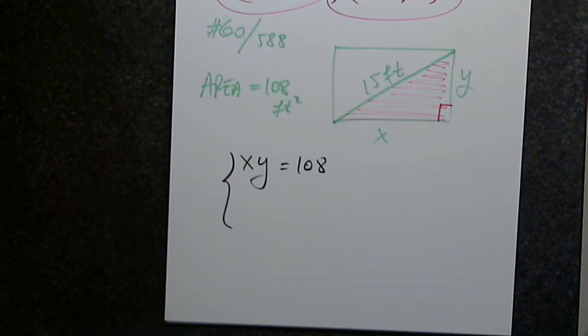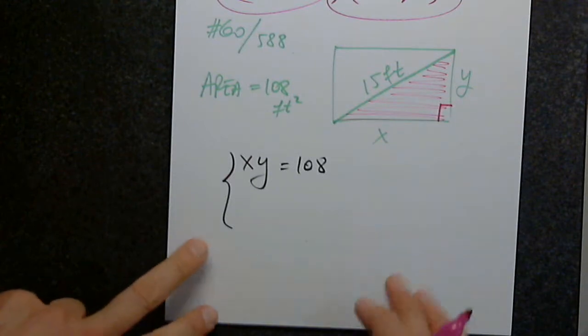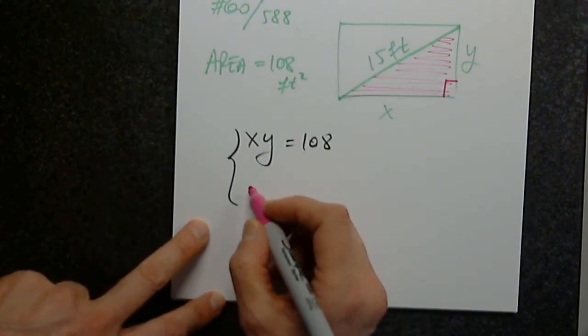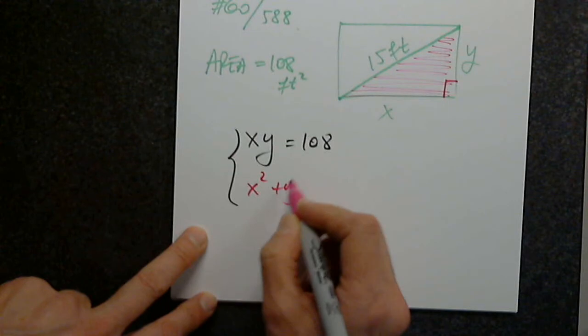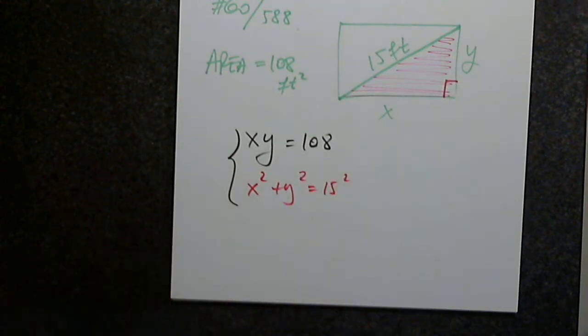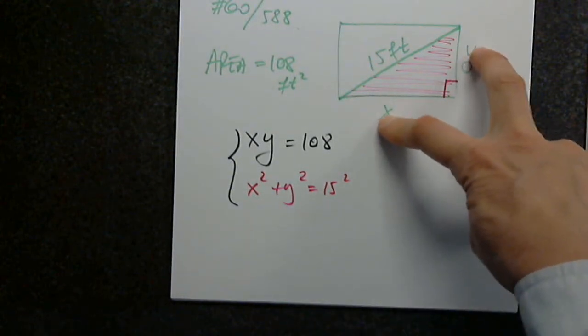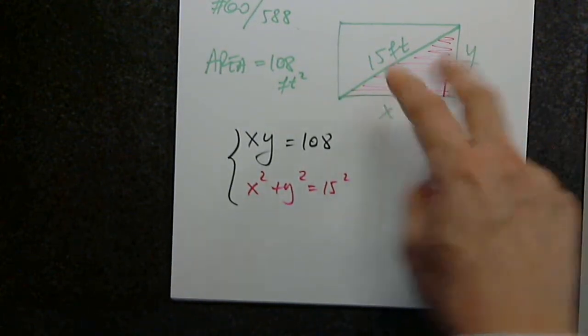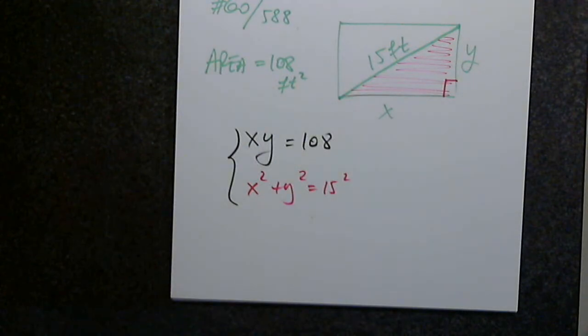And since it's a right triangle, we could use, like in any right triangle, the Pythagorean theorem. Exactly. How do we write it? x squared plus y squared is equal to 15 squared. That's it. The sum of the legs squared, always the sum of the legs squared equals the longest side, the hypotenuse, squared.